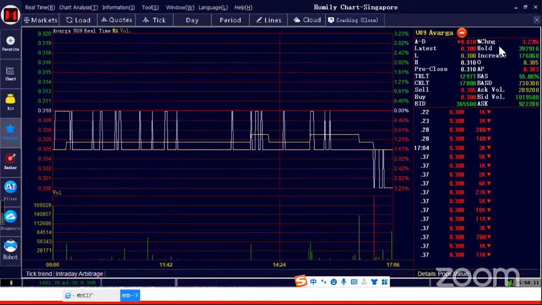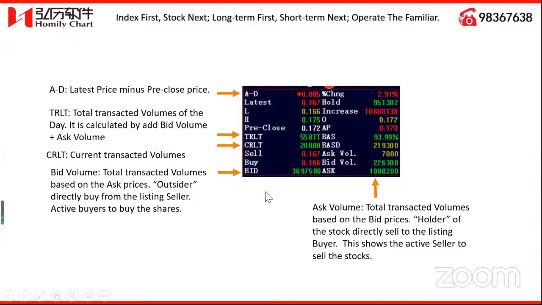But with percentage of change, it will show you the ratio. Okay, so latest price is the latest transacted price. The low and high is the low of the day, the high of the day. What is the open price?